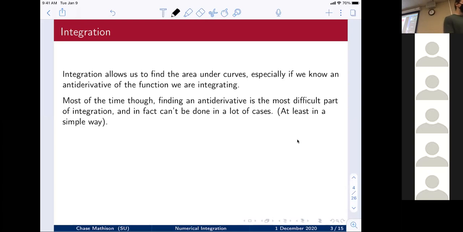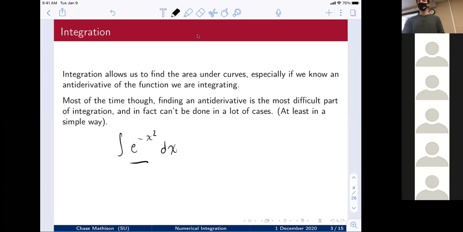So for instance, if you're looking at the integral of e to the minus x squared dx, there's no elementary function that you can write down that has e to the minus x squared as a derivative. You can try to find it. You're never going to, just by writing down e to some function.